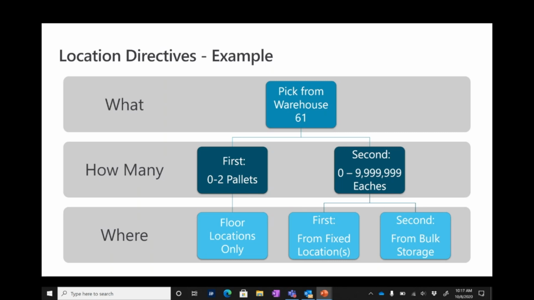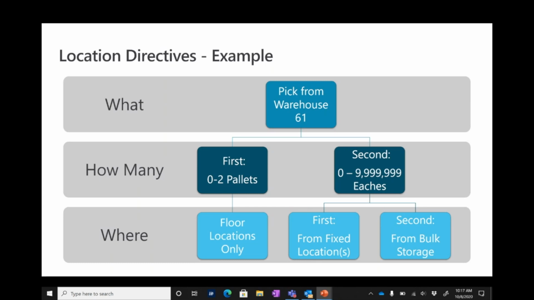So in this example, I have told the directive, first, go look for those 75 eaches from the item's fixed location. So if it has an assigned location that I typically pick this item from, I want to first check there, just for picking efficiencies.